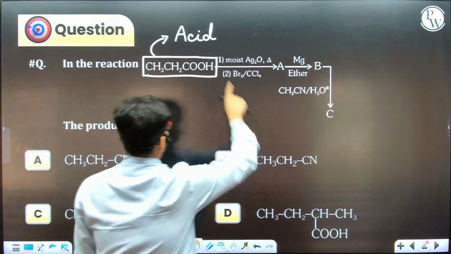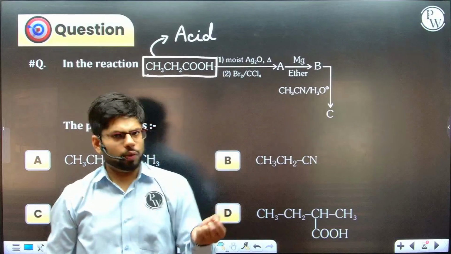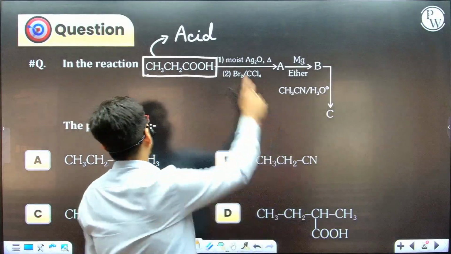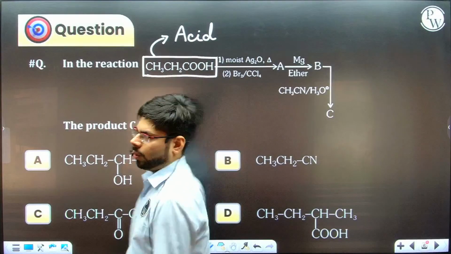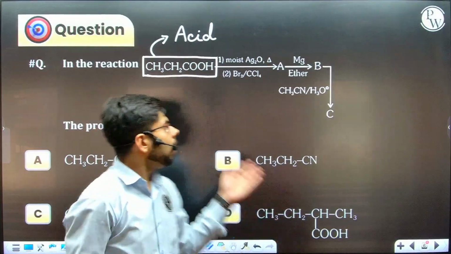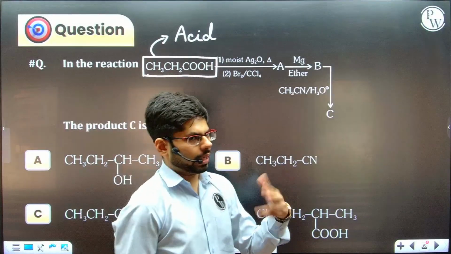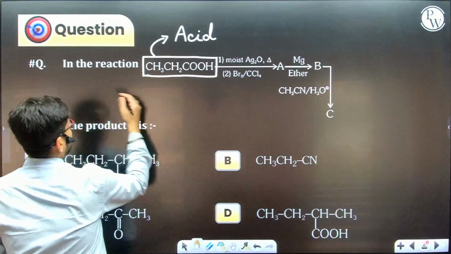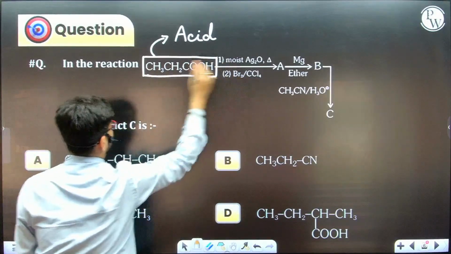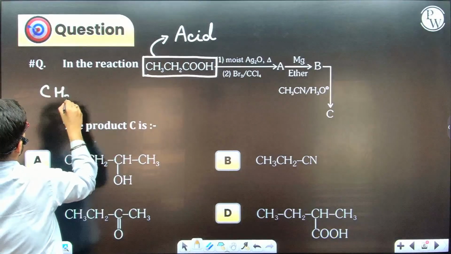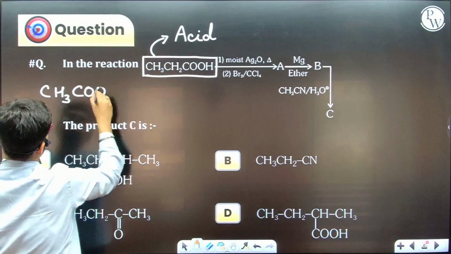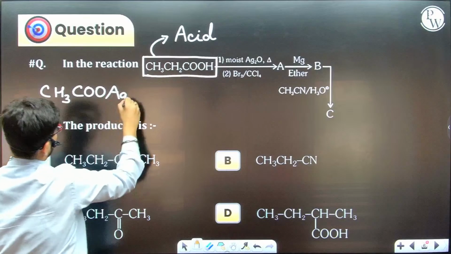This moist Ag2O is equivalent to AgOH. A carboxylic acid is reacting with a base. So AgOH is a base, right? Acid reacts with the base to give salt and water. So what is the salt? Once this reacts with AgOH, we will get this as the salt.